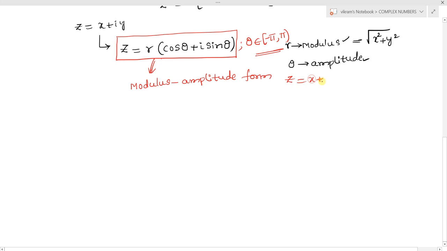The amplitude form of a given complex number z equals x plus iy, or z equals x comma y, is the modulus amplitude form.